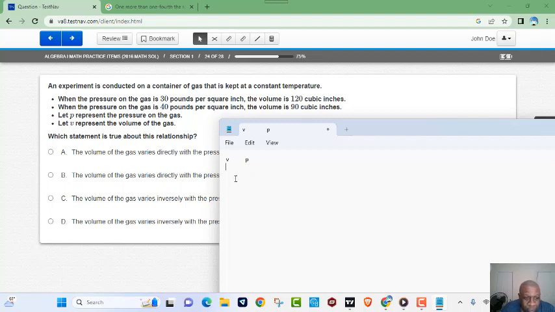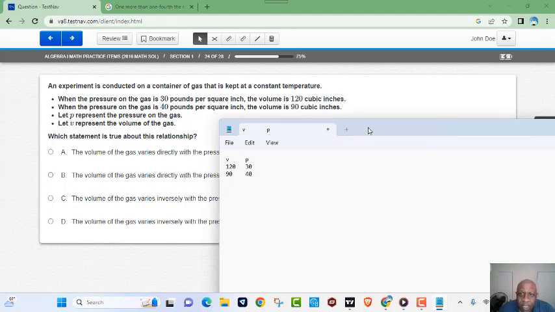Then when the pressure on the gas is 40 pounds per square inch, the volume is 90 cubic inches. So the volume will be 90 cubic inches when the pressure is 40.